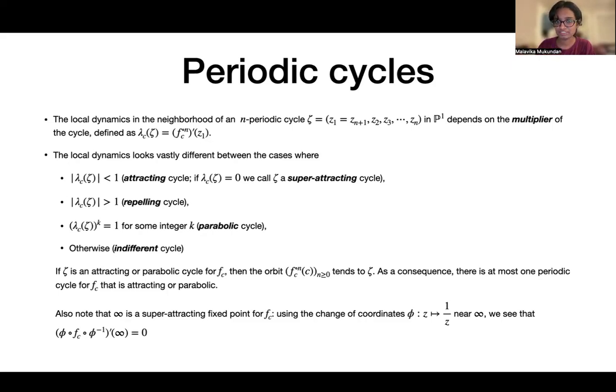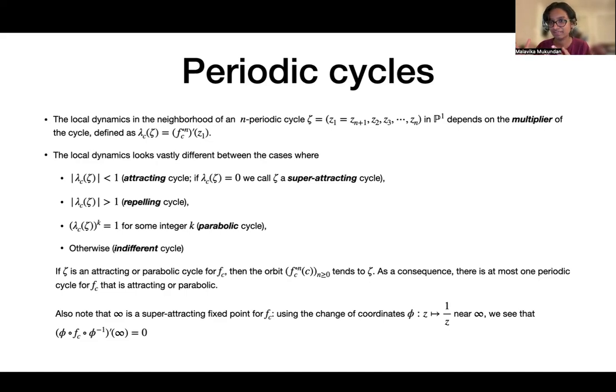The first return map at z1 is just f sub c iterated n times at z1. Look at its derivative, that's the multiplier. So the local dynamics around a periodic cycle varies depending on the value of the multiplier. If this multiplier is inside the unit disk, or its absolute value is less than 1, then the cycle behaves like an attracting cycle. It attracts points around it.